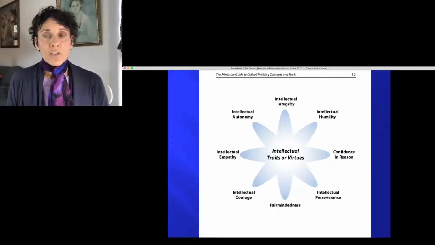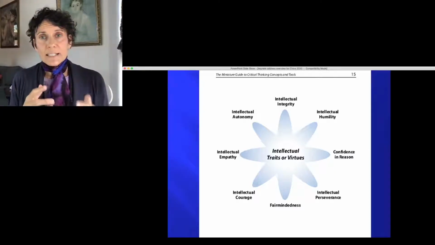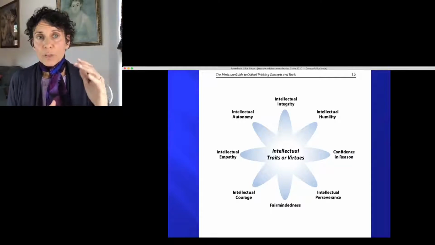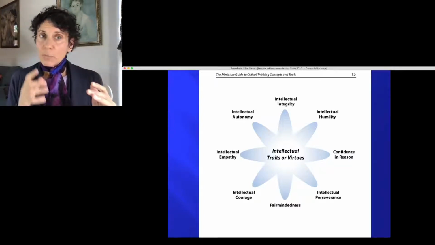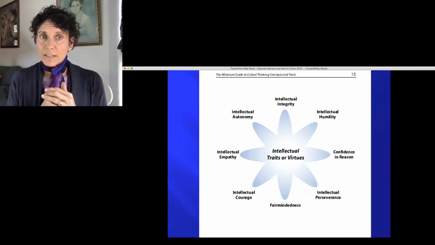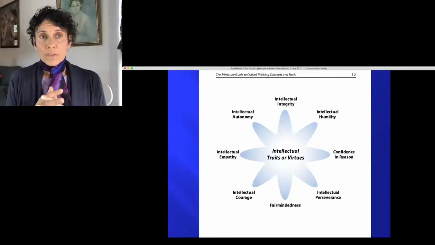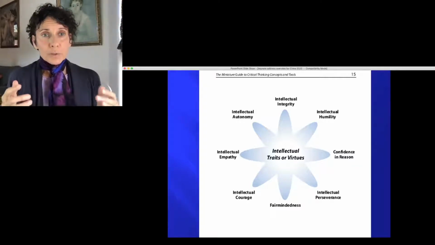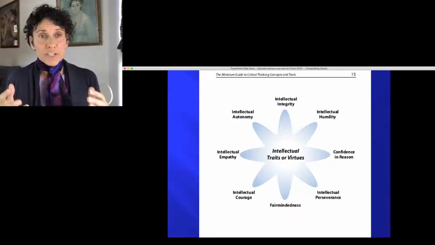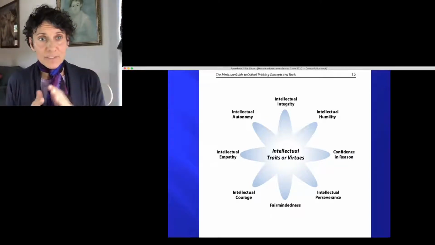To what degree are they able to recognize the difference between what they do understand and what they do not understand? To what degree do they even care whether someone else agrees with them, or whether they are able to think within other points of view? And now I'm getting into intellectual empathy.